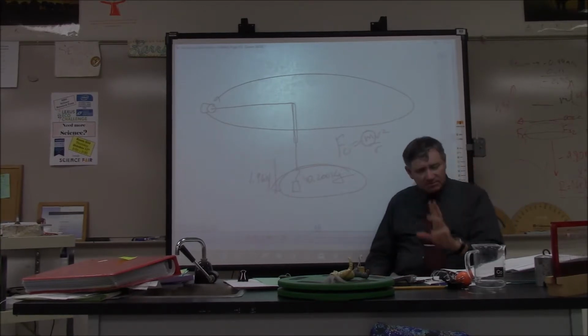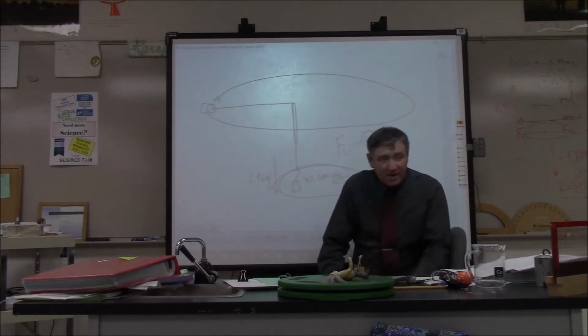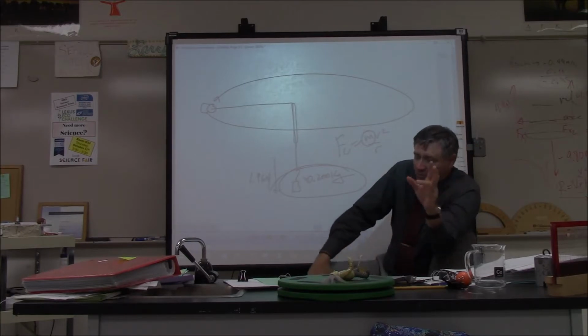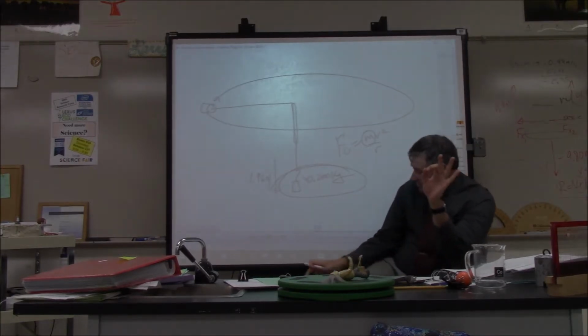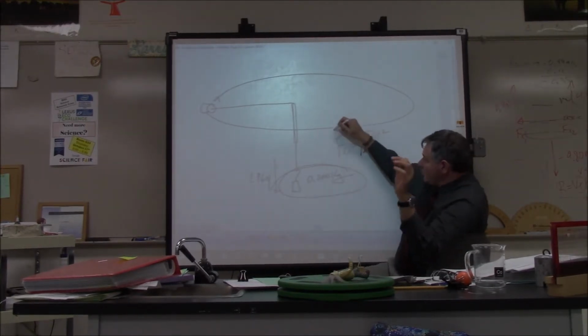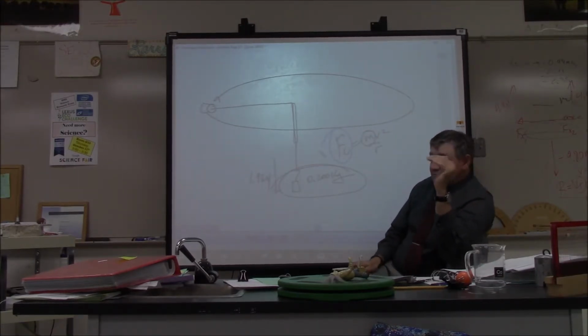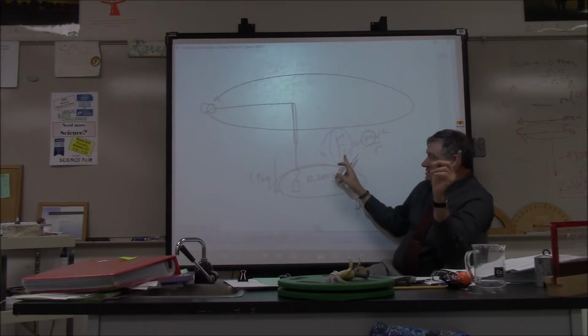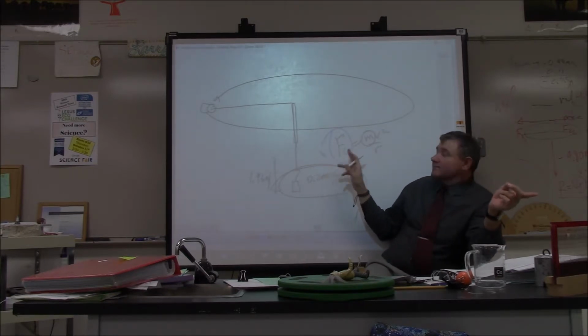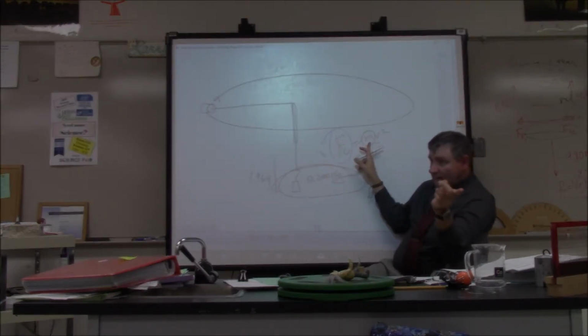Now, here's what you've got to be able to do with a complex equation like this. We basically have 3 variables that we can manipulate. We can change the amount of centripetal force, that's what's going to happen on the first 4 trials. We're going to keep the mass of the stopper the same, and keep the radius the same.